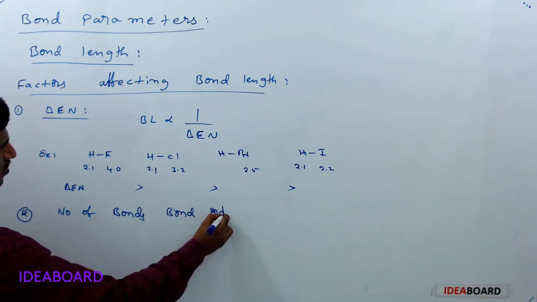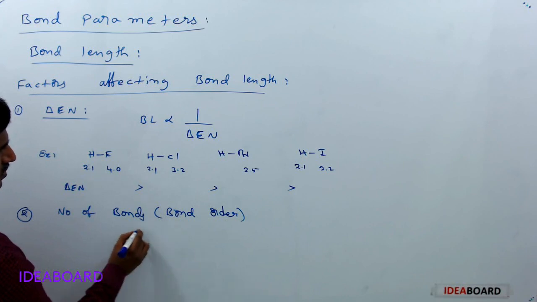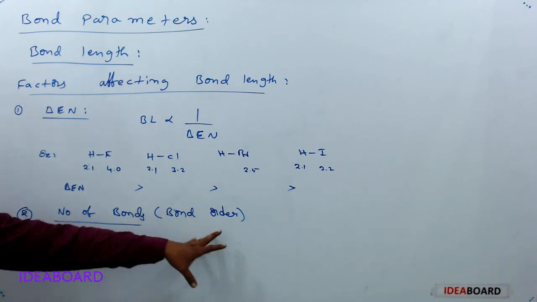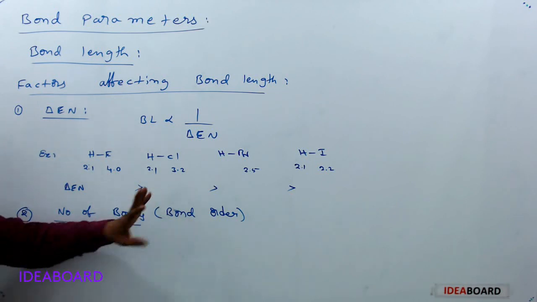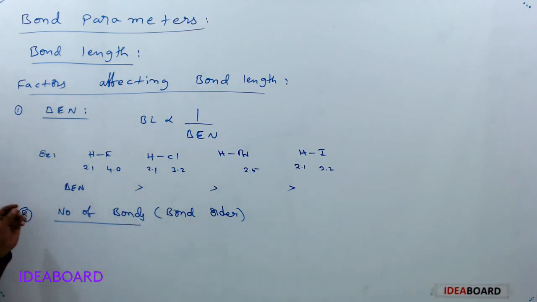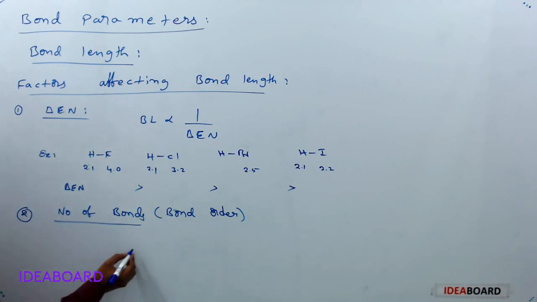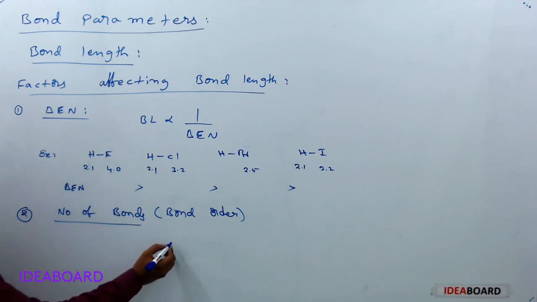About this bond order we will discuss in molecular orbital theory also. The number of bonds is simply designated as the bond order. How is this related?